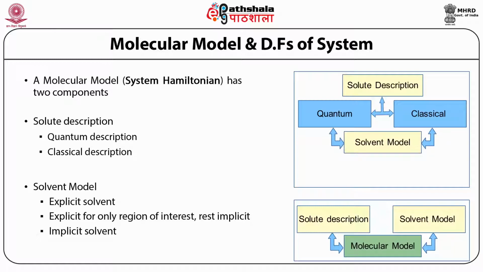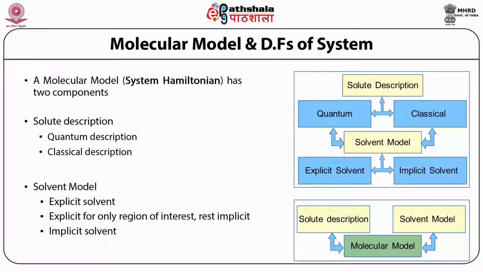But solvent model can be explicit solvent or implicit solvent. Hence, we generally use both depending on how good an explanation we would like to see. Ultimately, our model should have a solute description and a solvent description. However, these will be intermingled.